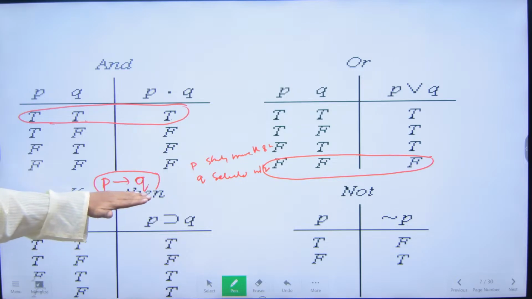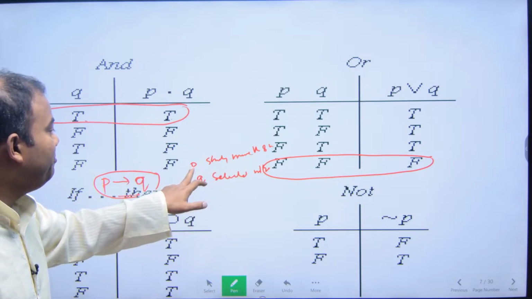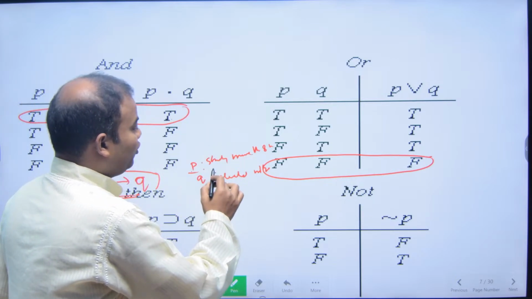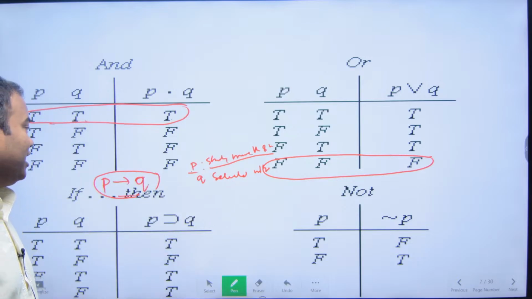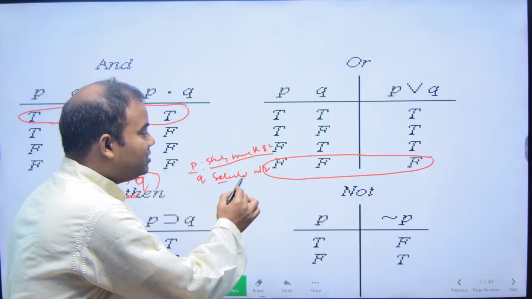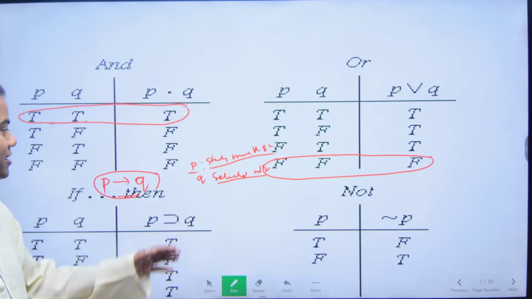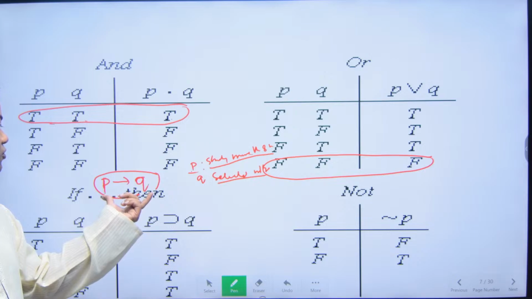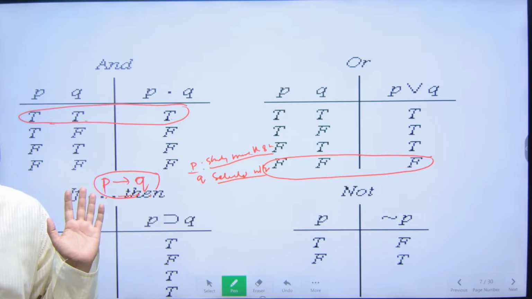Okay. If P then Q means, for example, if I say that the statement P is someone X studies more than 8 hours, and Q is what? He is selected in GATE. Now what is the meaning of this whole statement? If someone studies more than 8 hours, he will be selected in GATE.